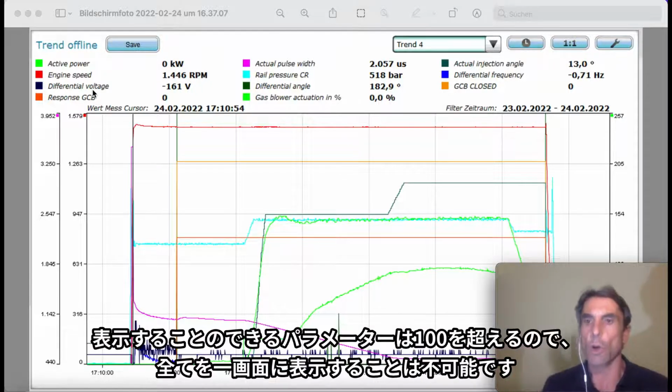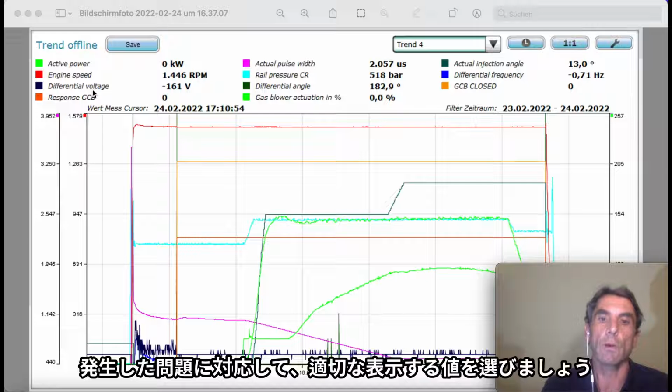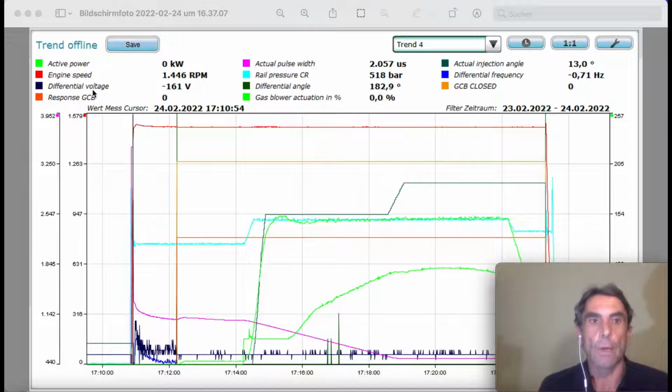We cannot choose all values that are available. That would be hundreds of different values. So we have to pick out of the listing the exact values that we need, what we would like to see in our trends, and what we need to analyze the status or the problem.